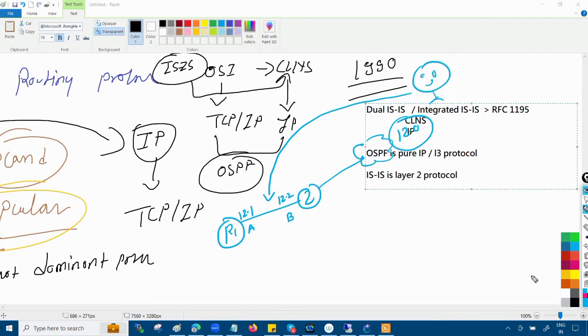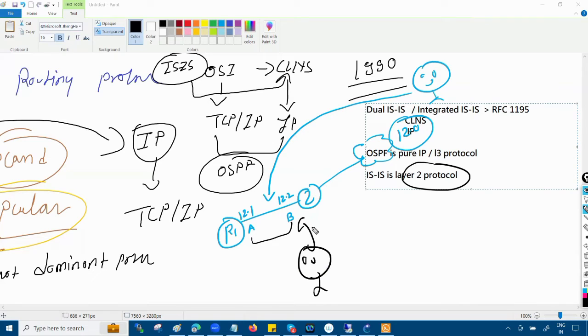But if I talk about ISIS, it is a layer 2 protocol. Are you sharing the MAC address with the ISPs? No, you are not. So if an attacker wants to perform an attack in the ISIS network, he has to be physically connected in your network. Then he can do the attack, otherwise he cannot.